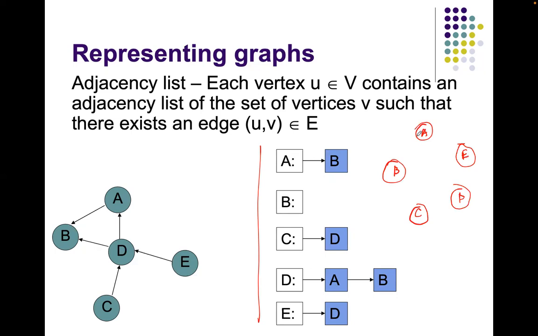A is connected with B, and this is a directed graph, means the direction is going to look like this. B doesn't have any connection with any node, means the list of B is empty. C is connected with D. D is connected with A and B. So D is connected with A, and D is connected with B. And E is connected with D. So this is the graph we are talking about.